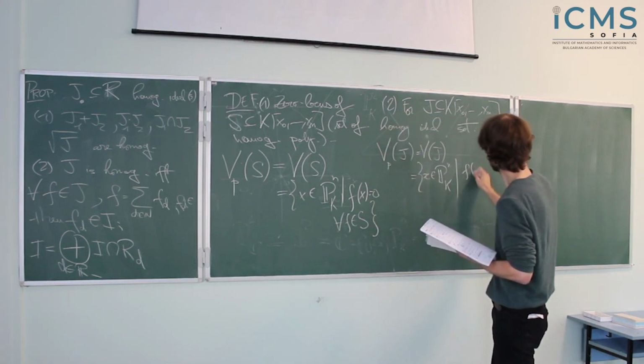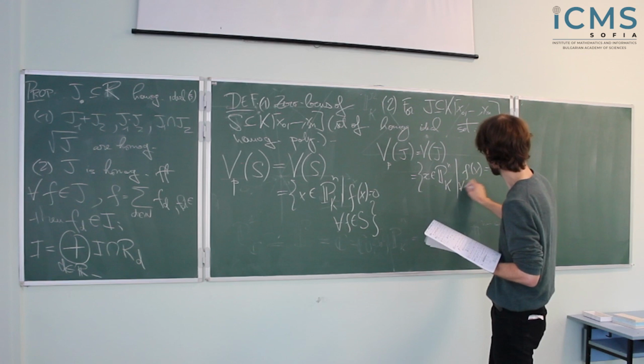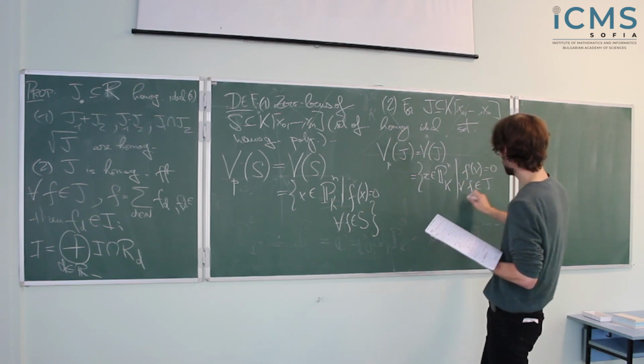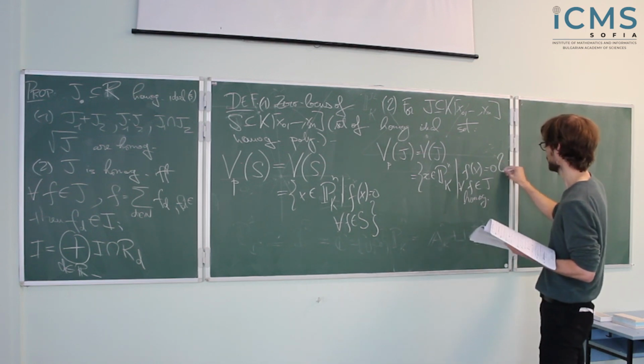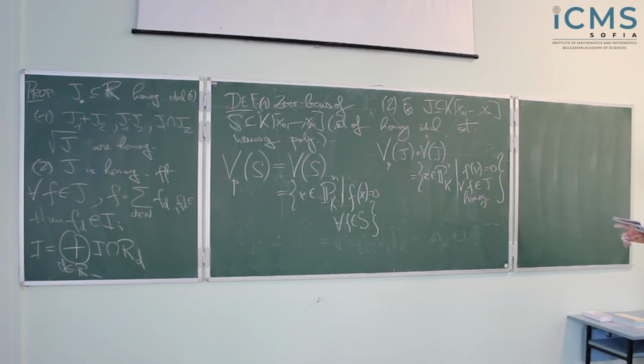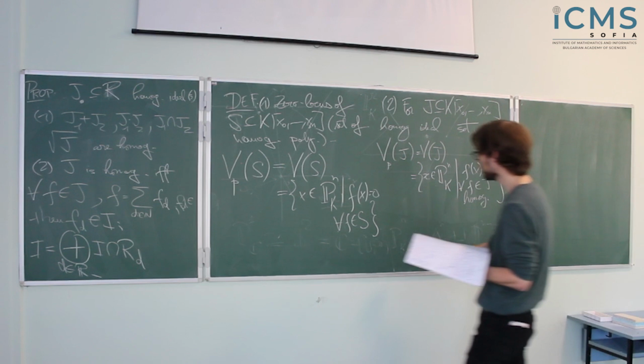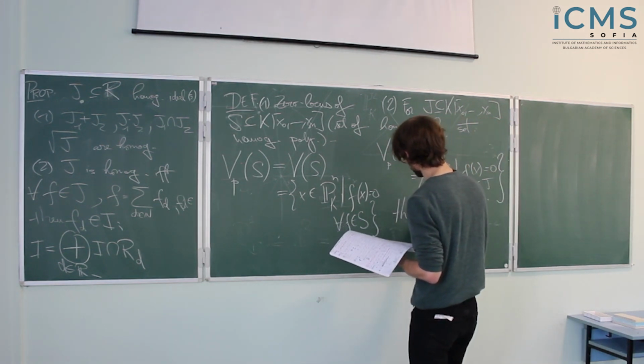So f of x is equal to 0 for all f inside of G, which is a set of homogeneous polynomials like this. Okay. So these are called the projective sets.